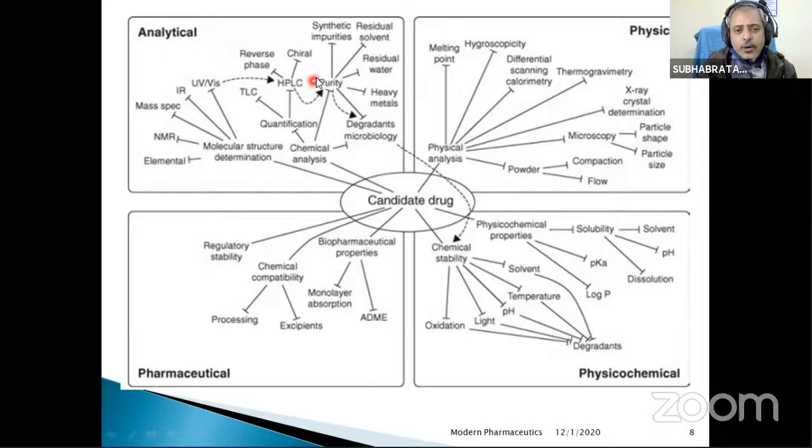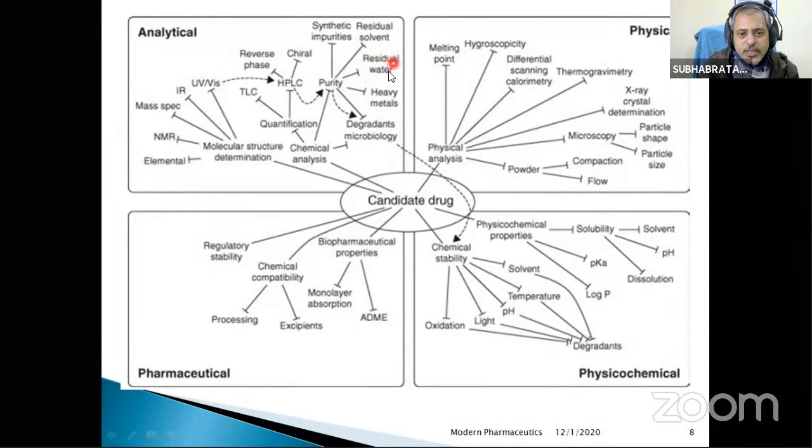So for all these studies, we need to quantify how much quantity of degradants there are. We need to identify them. For identification, again, NMR, elemental analysis, mass spec, IR, UV, etc. are done. For impurity profiling, also for solvent analysis, we have to go for GC, gas chromatography.